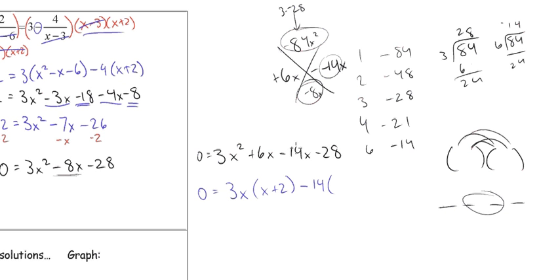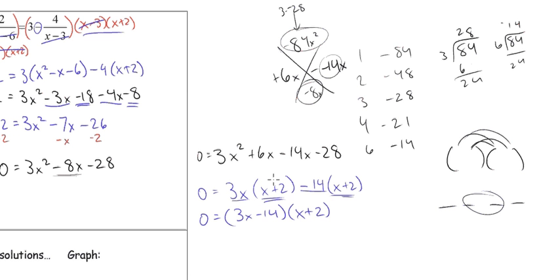So if I factor out a negative 14, I get x plus 2 again, meaning our factors are going to be 0 equals 3x minus 14 and x plus 2. If you use the box method, that's perfectly okay as well.